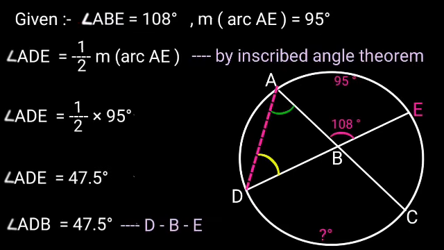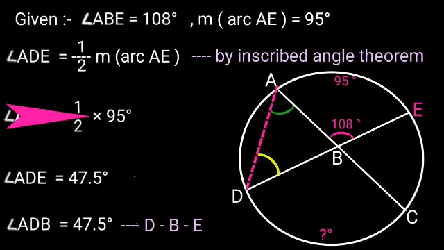Given angle ABE is equal to 108 degrees, measure of arc AE is equal to 95 degrees. Hence, angle ADE is equal to 1/2 the measure of arc AE by the inscribed angle theorem.